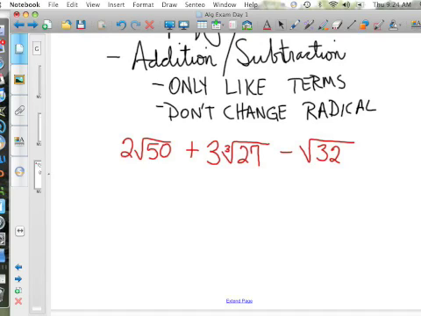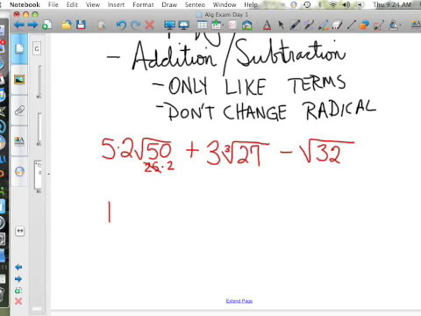Okay? So, starting here, 50 is 25 times 2, correct? And 25 is a perfect square. What's the square root of 25? 5. But there's already a number out here. So what I'm going to do is multiply those together.